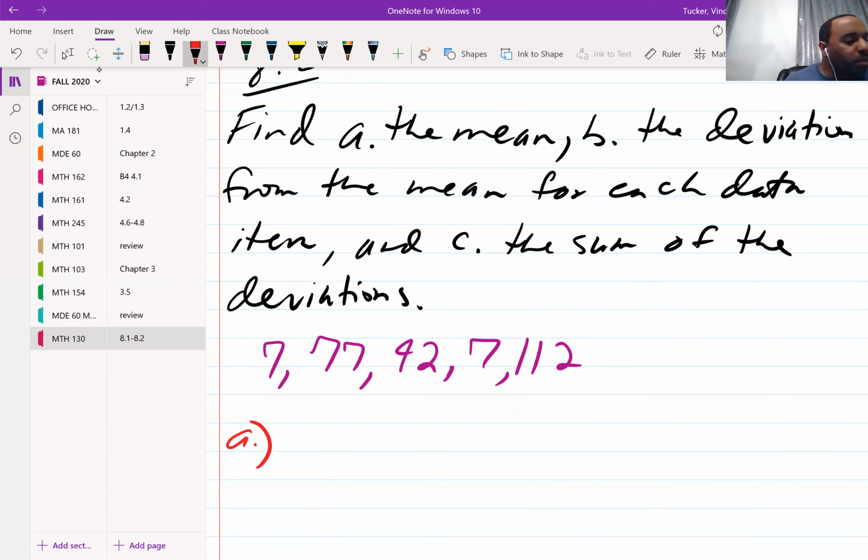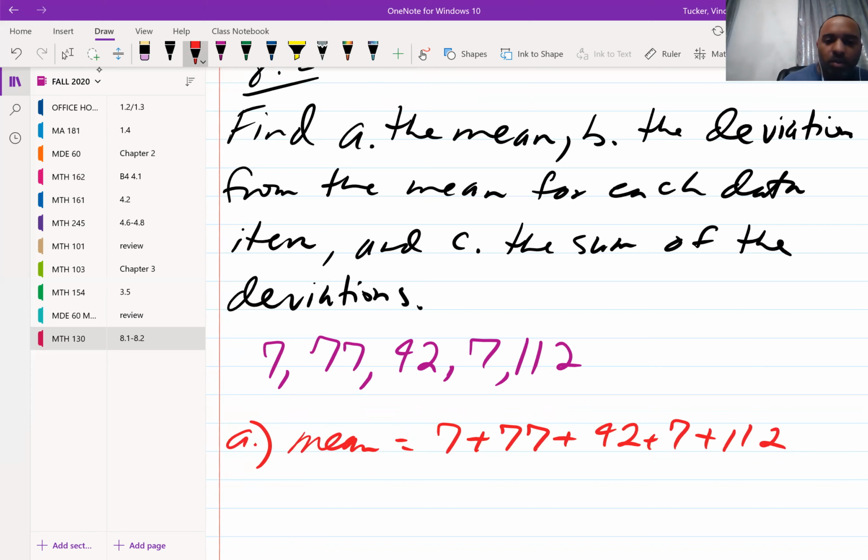And you want to find the mean. So we're going to add these data values up. But just notice I had 2 sevens.